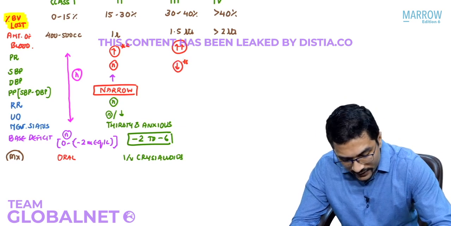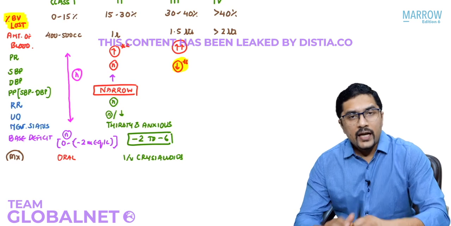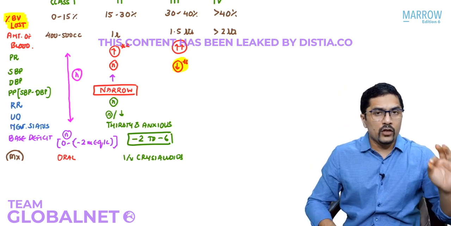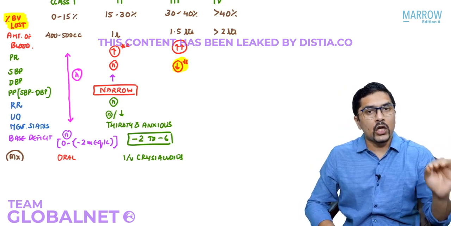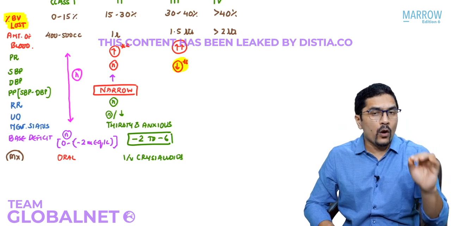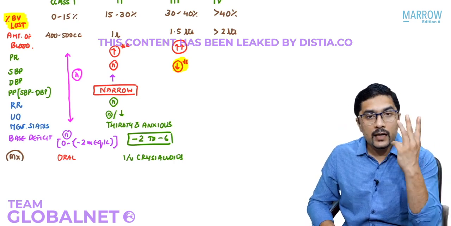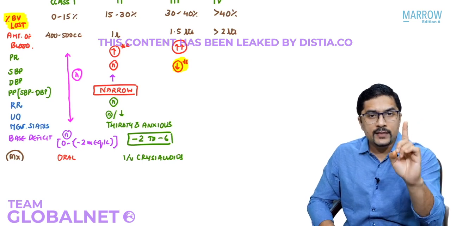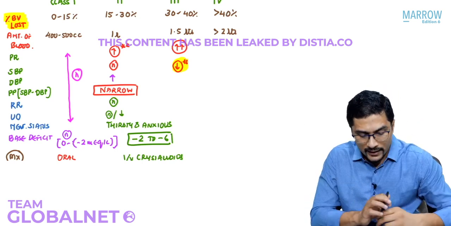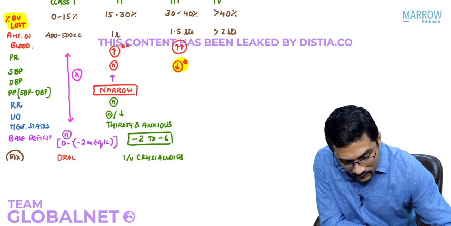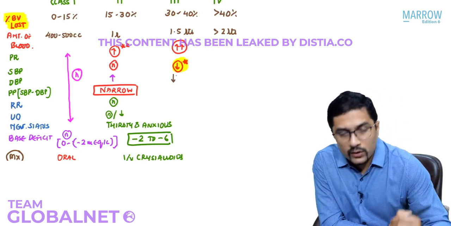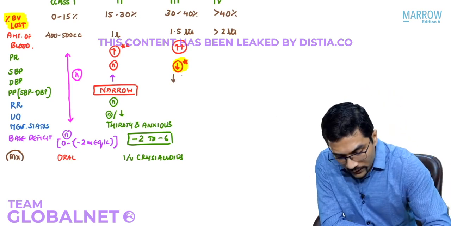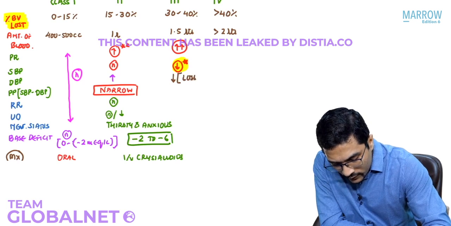This is again a very, very important MCQ. In which class of hypovolemic shock does systolic blood pressure fall for the first time? Class 3 shock. Okay, so systolic BP falls for the first time in class 3 shock. Remember that, please. The diastolic blood pressure also falls. Why? Because there is loss of circulatory volume.